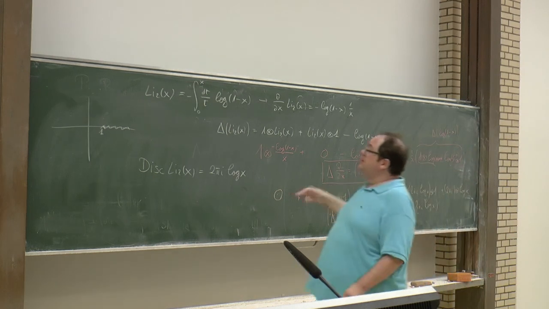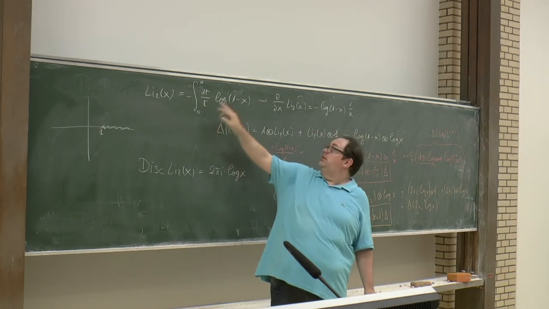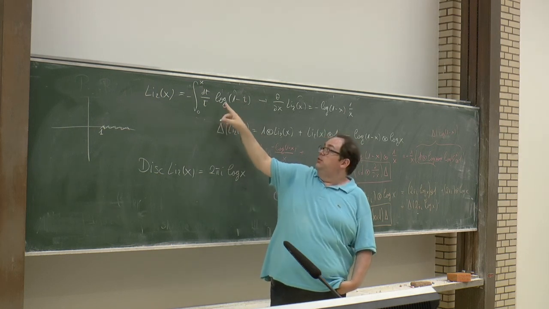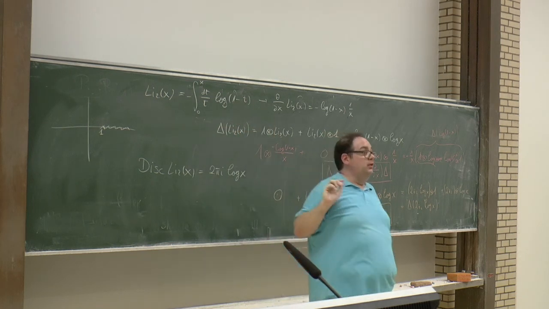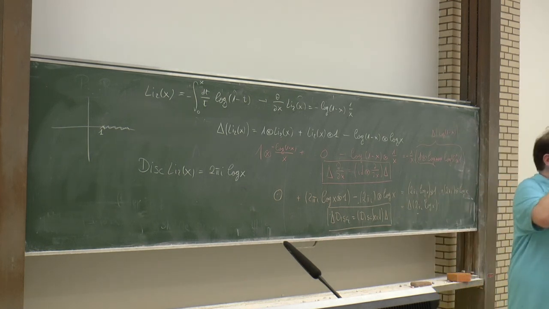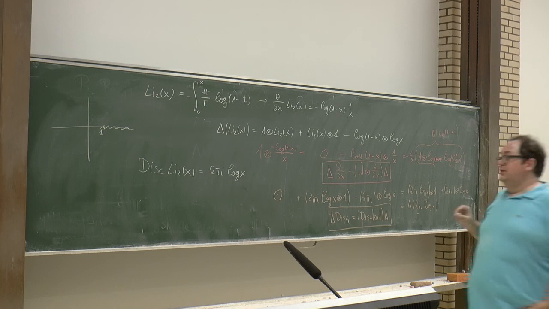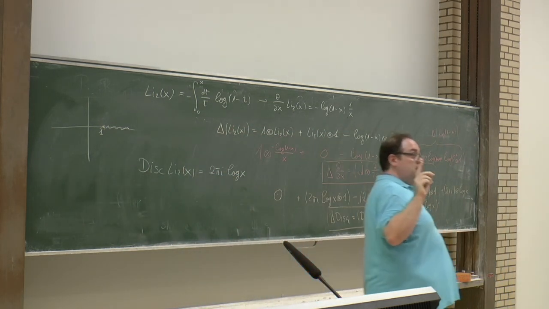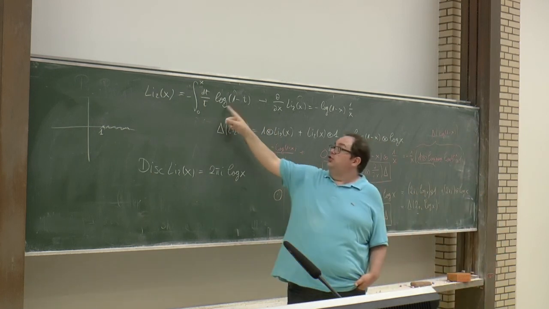So what is the residue at t equals 0? At t equals 0, it would be log of 1 minus 0, which is 0. So there's no residue, so there's no discontinuity when I turn around 0. There's only a discontinuity around 1. That's why I have only a branch cut here. That comes from the discontinuity of the log.